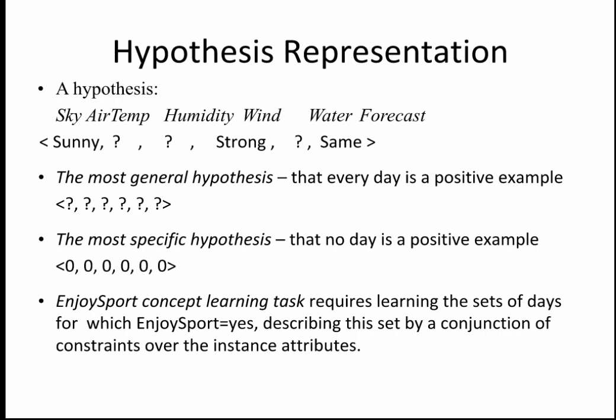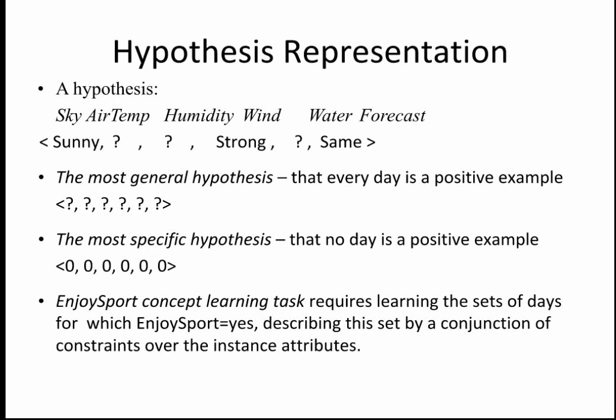So whatever value of any of the attributes you have, it will always give you a yes for your enjoy sport. And that is the most general thing, because we are not specifying any of the attribute values. This type of combination of question marks in all the attributes is known as the most general hypothesis.